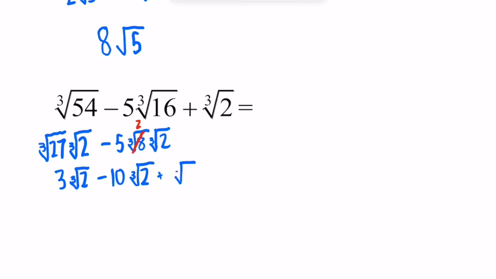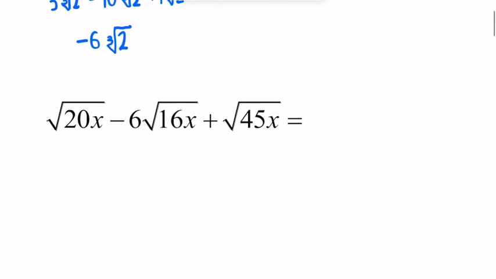It's just the cube root of 2. I'm going to go ahead and put a 1 in front of it because it helps me think about what I'm doing in the next step. These are all like radicals. They have the same root with the same expression under the root. So all I have to do is leave that root part alone, the cube root of 2, and add those coefficients at the front. 3 minus 10 plus 1, we end up with negative 6 cube root of 2.